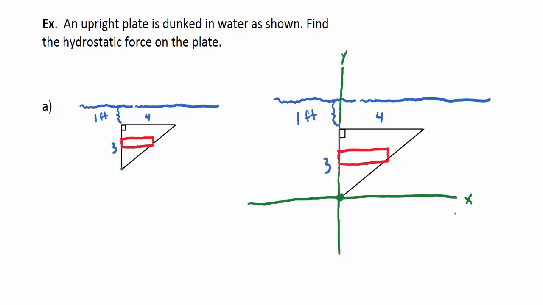So why? You guys tell me, why am I setting it up that way? Well, yeah, okay, we're going to need the equation of that hypotenuse line segment to find the width of a representative rectangle, because the width of that representative rectangle changes depending on where you place it, right?